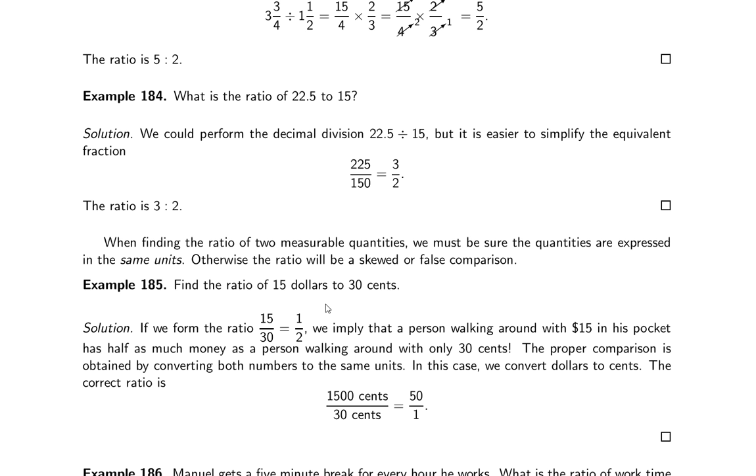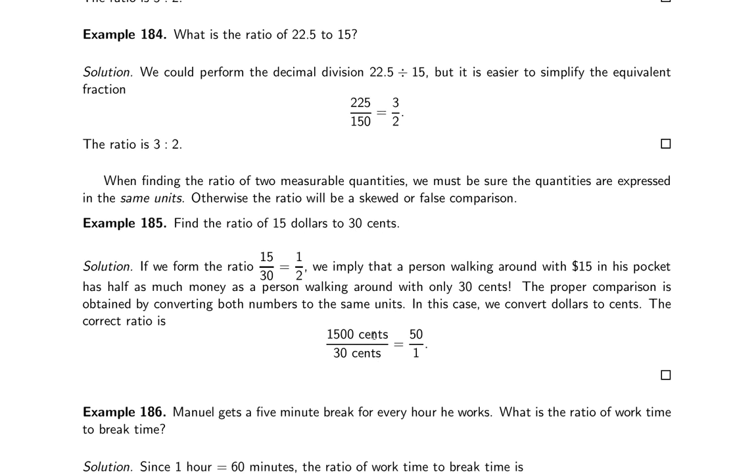So just remember, if you're comparing, say, dollars to cents or hours to minutes, just convert everything into the smaller unit. Then you can compare them properly. And again, here the cents sort of cancel. You just get a pure number.